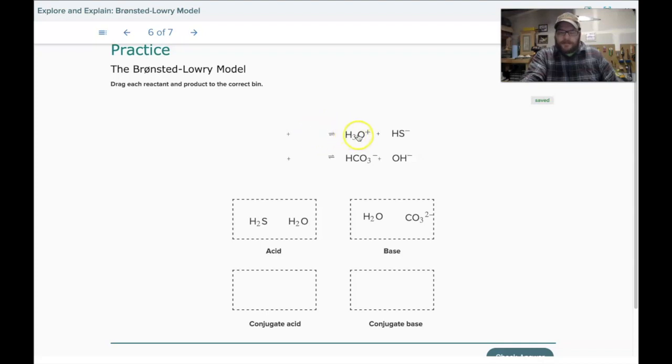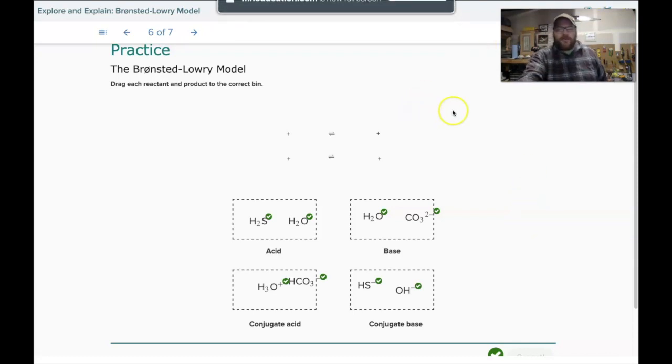That means that up here, this one was formed, it has an extra hydrogen on there, so it's going to be called a conjugate acid, whereas this one is deficient by one hydrogen, so it's down one hydrogen, so it's going to be the base. Here we've gained a hydrogen, so it's going to be the conjugate acid, and then that's going to be a conjugate base. Check our answers. Bammo, nailed it.